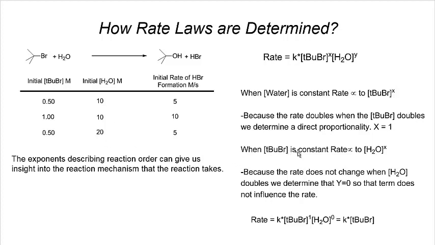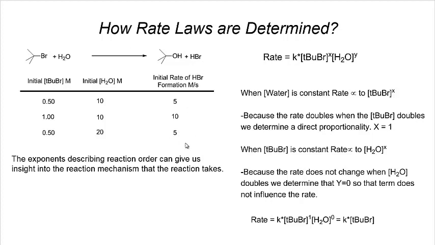And in this case, we can then make the assessment that the rate of this reaction is going to be really proportional to the concentration of water raised to the y power. And this is also because our concentration of tert-butyl bromide isn't changing, so any change has to simply be from the concentration of water. But what you can see is that even though we've doubled the concentration of water, the initial rate of formation of HBr, which is our product here, doesn't change at all.